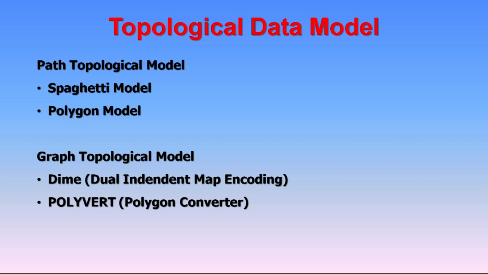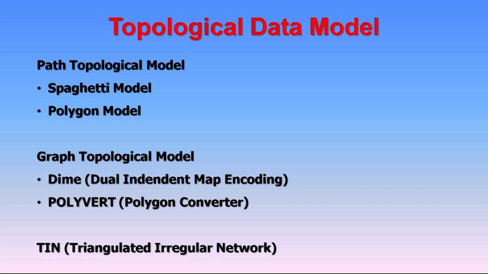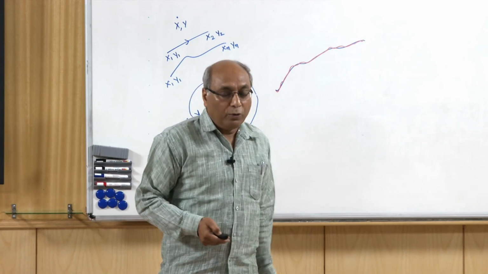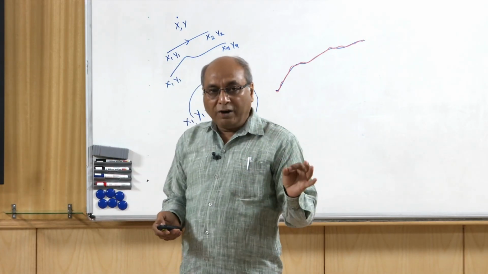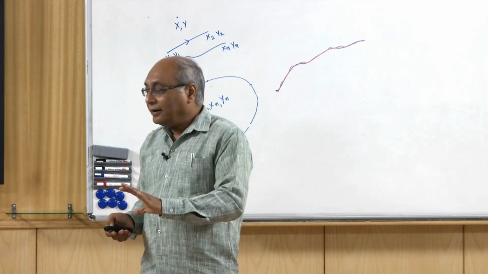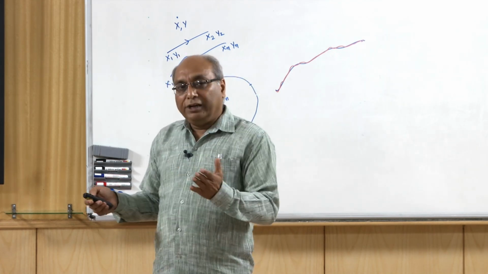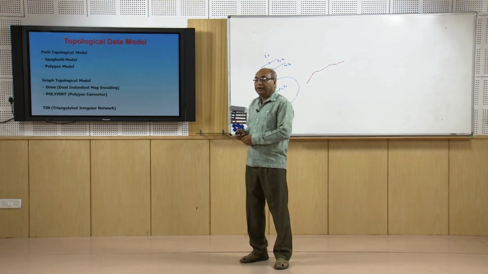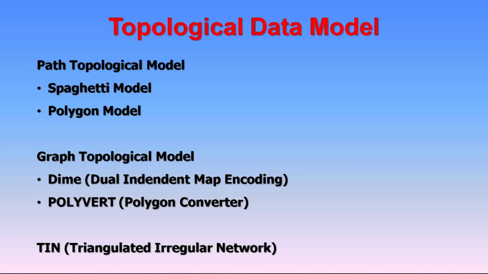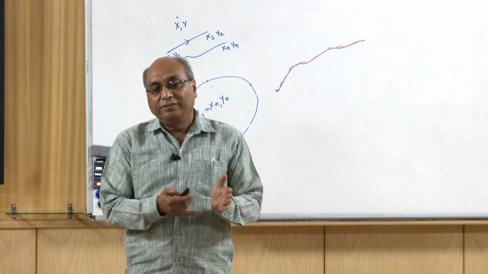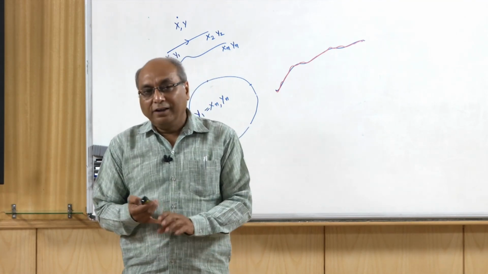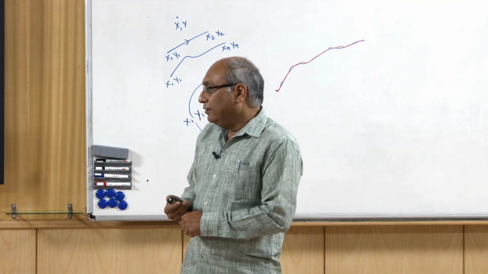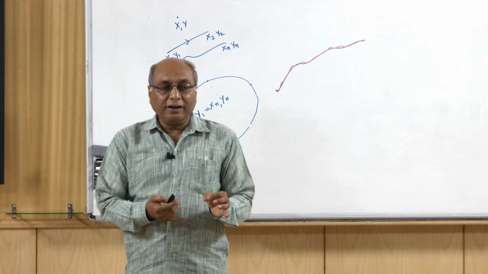I will elaborate further on this, but before that, the third type of data which we use in GIS. I also mentioned earlier on the board that apart from vector and raster, there is a third type which is TIN, the triangulated irregular network. In some literature you will find that people have kept that as vector data, some as raster data, but in my opinion it is neither vector nor raster.